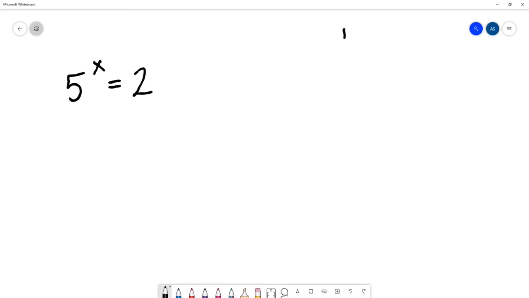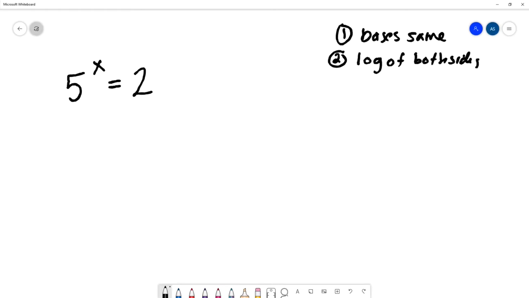We try to make the bases the same, which we can't do in this example. We take the log of both sides. Or we can convert it to a log.